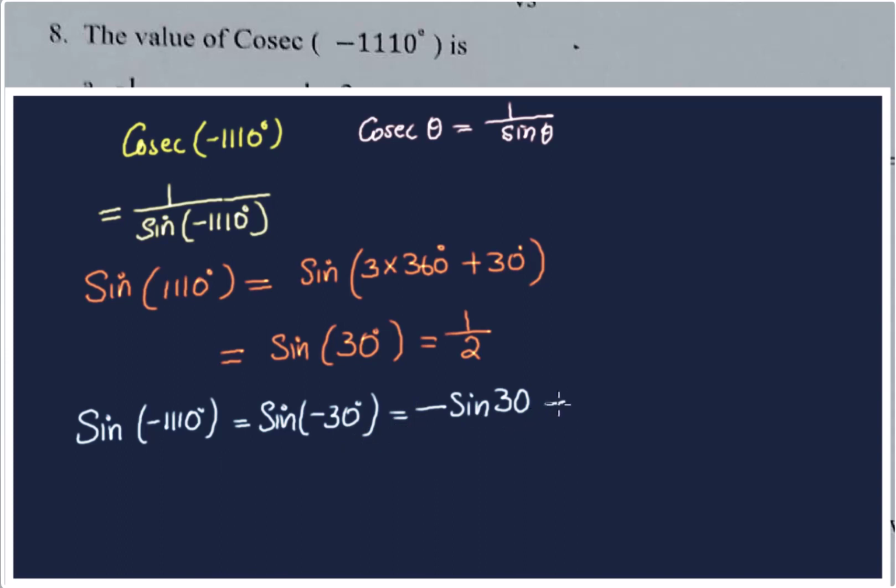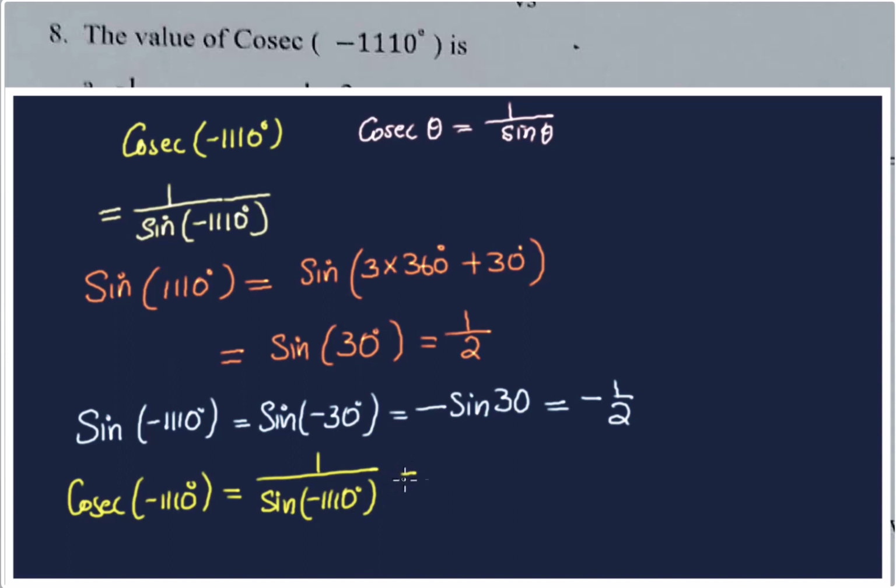So minus sine 30 is minus 1 by 2. Now cosec of minus 1110 degrees is equal to 1 by sine of minus 1110, which is equal to 1 by minus 1 by 2, and that is equal to minus 2.